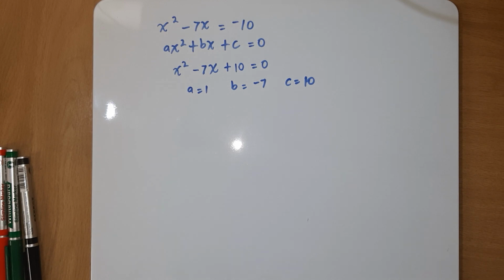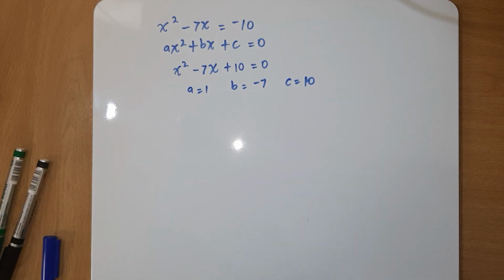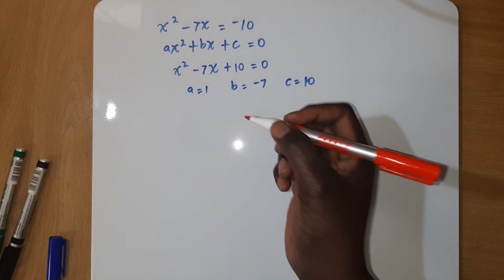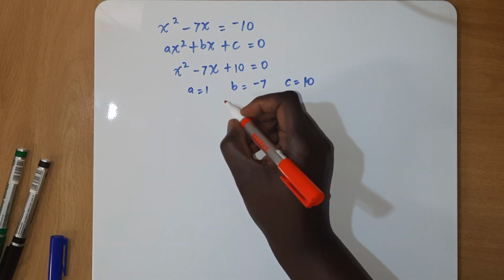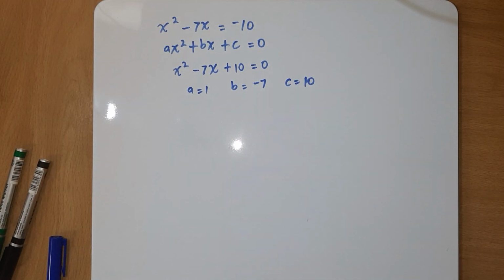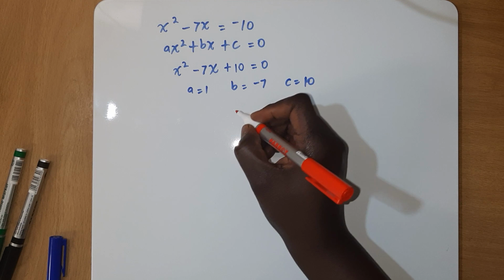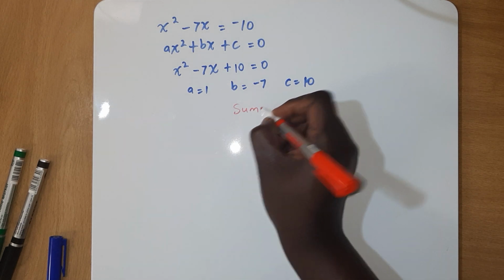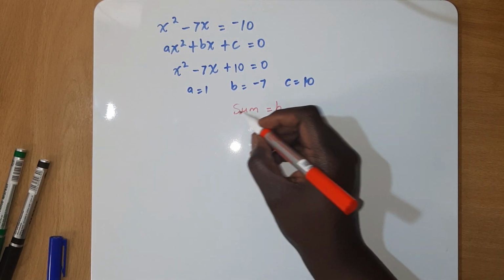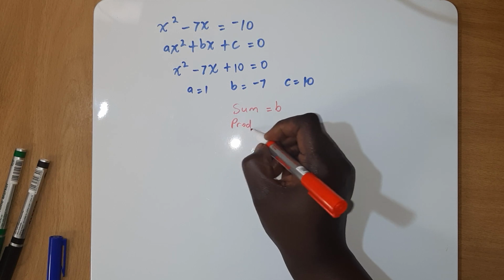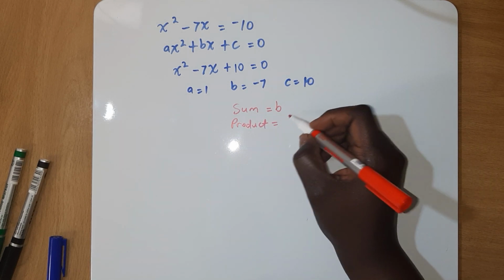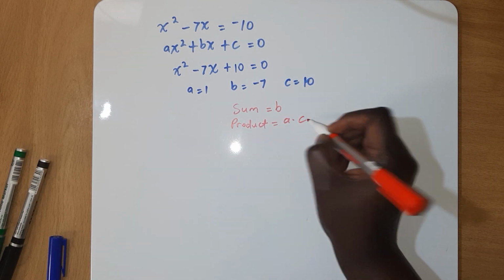Okay? So when we are solving the quadratic equation, we know that we are looking for two numbers whose sum is b and whose product is a times c.